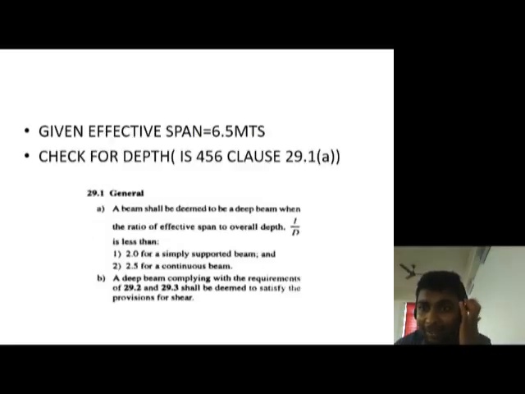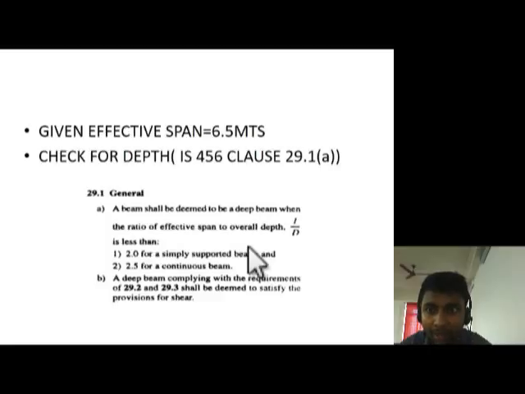Then we have to go for the given effective span. The effective span was given as around 6.5 meters. Then we have to check the depth from IS 456 clause 29.1A. Here it is provided that a beam shall be deemed to be a deep beam when the ratio of the effective span to the overall depth, L by D, is less than 2.0 for simply supported beams and 2.5 for continuous beams.